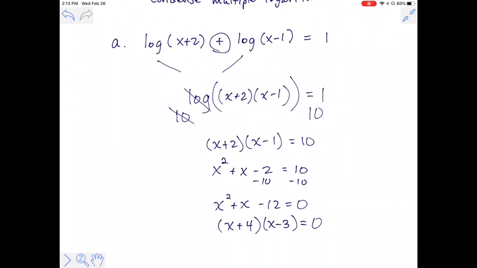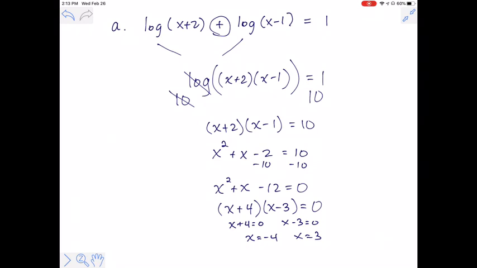And x plus 4 multiplied by x minus 3 equals 0 means that x plus 4 has to equal 0 and x minus 3 equals 0, therefore x equals negative 4 and x equals positive 3.